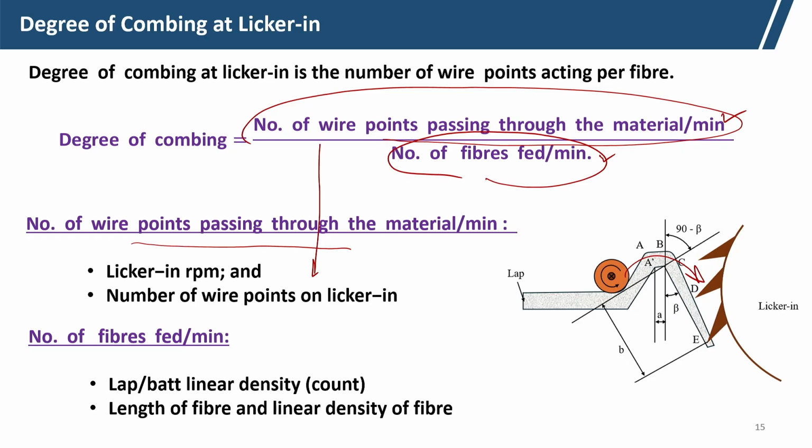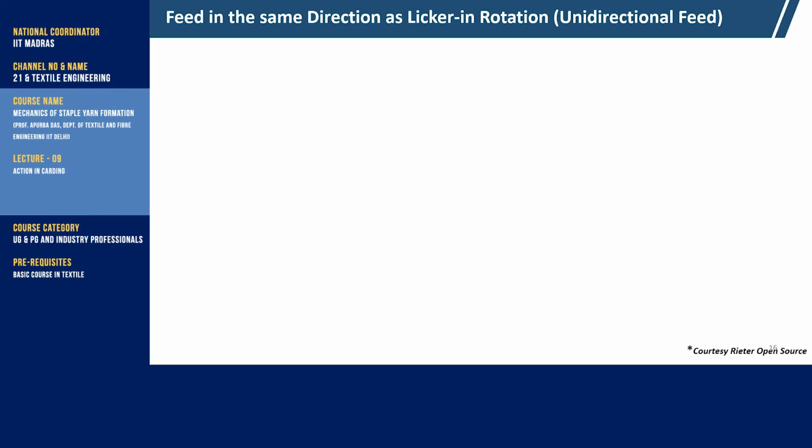So, this degree of combing we can control by all these parameters, okay? And a higher degree of combing means better opening action.